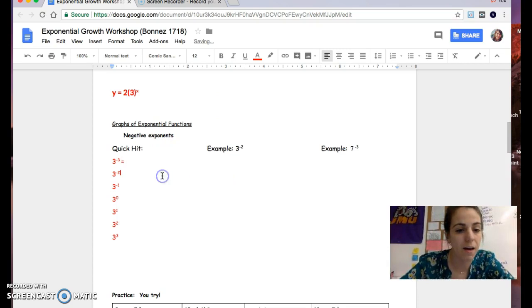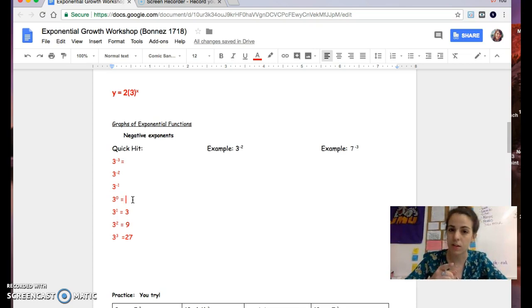Let's start off really easy. Let's go backwards. If I have 3 cubed, that means 3 times 3 times 3. So that's equal to 27. 3 squared is equal to 9. 3 to the power of 1 is equal to 3. 3 to the power of 0.